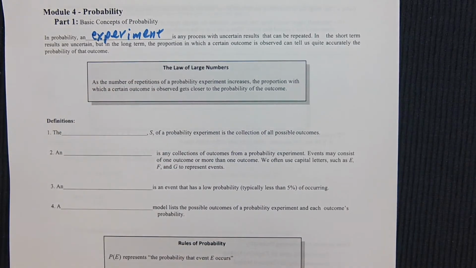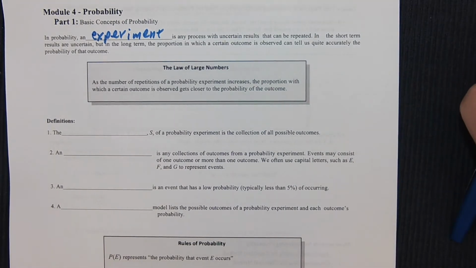And next up is this law of large numbers. Here's the idea. What I do with my regular classes is I'll pull out a coin and I will flip it 10 times and I will write down heads or tails. And let's say I did that and I got that 7 were heads and 3 were tails. Well, that means 70% of the time it was heads.